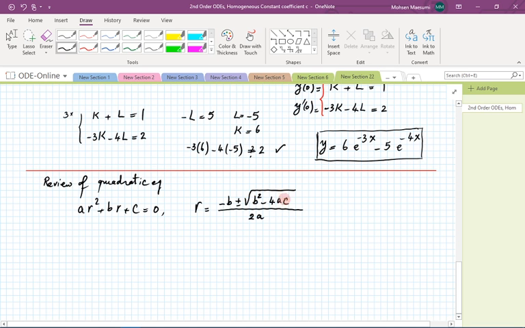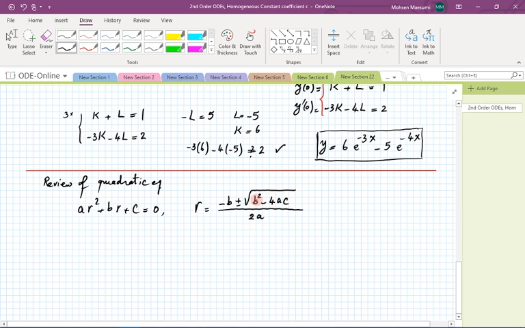Well, if this is positive, we have a typical situation that we have two roots, and those two roots are real numbers, yet they could have radicals in them, but they're just ordinary numbers.